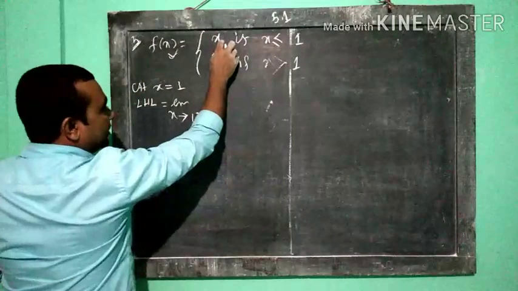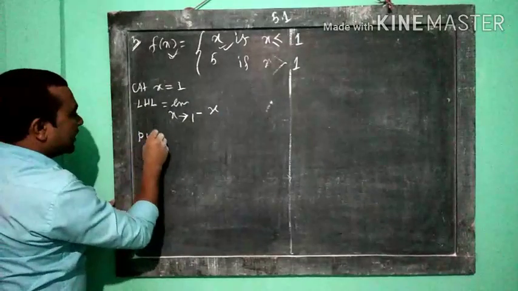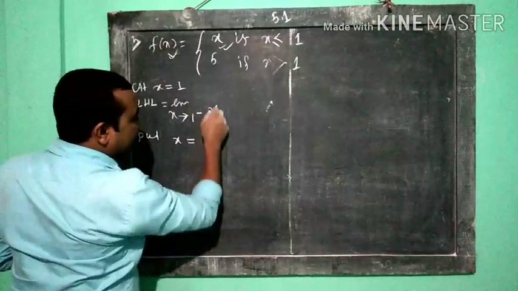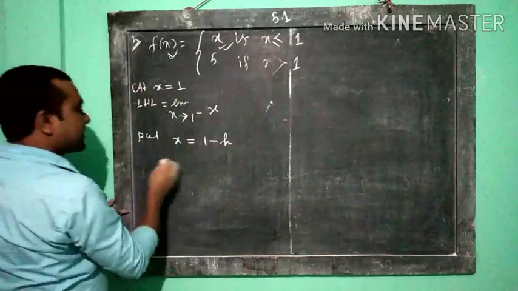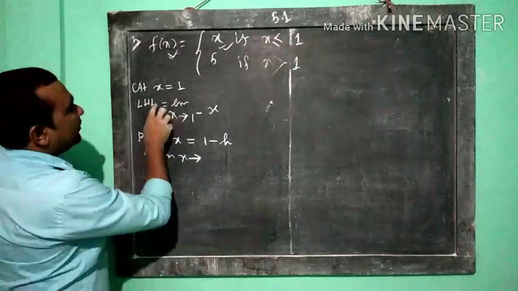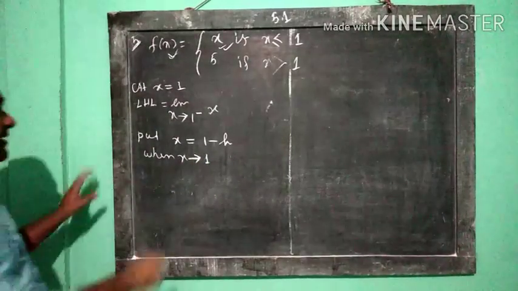So this function is x. Similarly, what do we put here? Put x equal to 1 minus something, which is h. So put x equal to 1 minus h. When x tends to 1, then h tends to what?